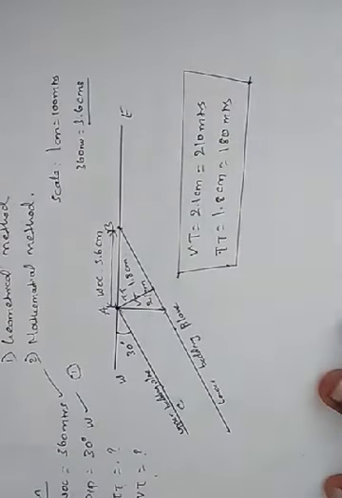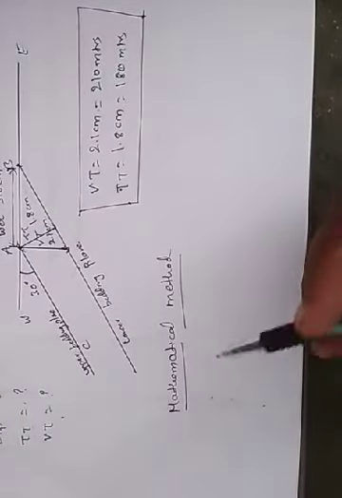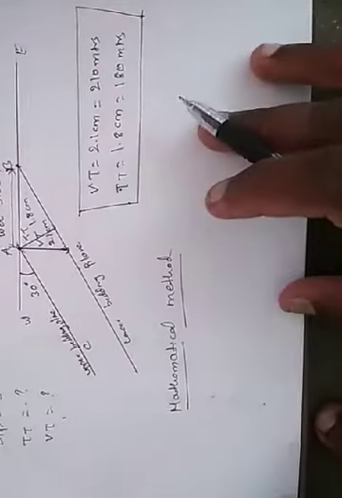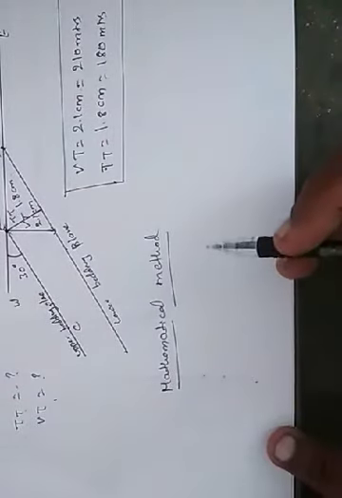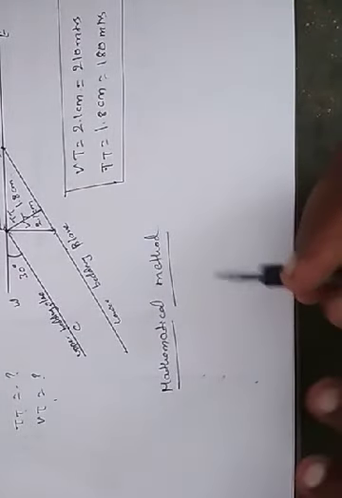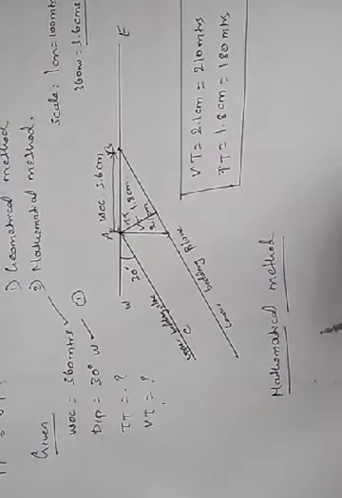Now let's solve this through the mathematical method. In the mathematical method, we need to use the formulas to determine the true thickness and vertical thickness. And what we need to remember is, we should not consider these measured values when we are determining through the mathematical method.